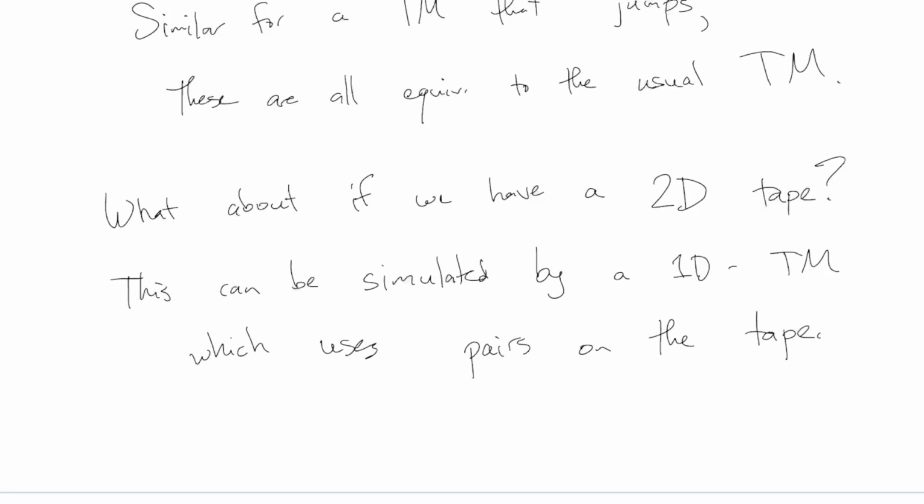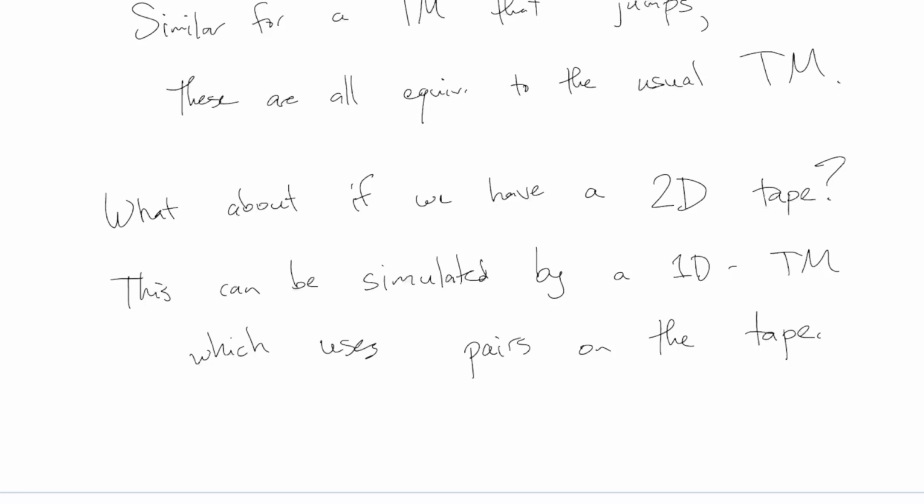Everybody knows points in a 2-dimensional grid can be described using pairs. And so if you can imagine a Turing machine which has a 2-dimensional tape, you can do that same stuff on a 1-dimensional tape. You just, instead of writing just one thing on the tape, write a pair of things. And then this will simulate a tape which has 2 dimensions.